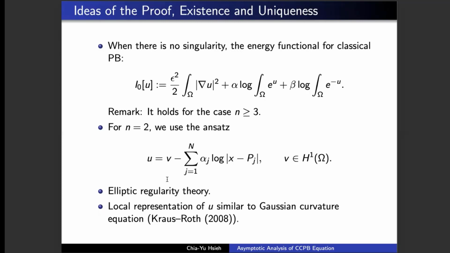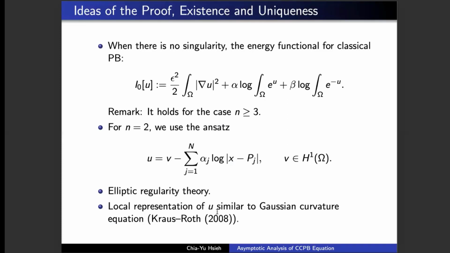And the local representation of U is similar to some studies of the Gaussian curvature equation by Chou and Wan. So I will not go through the details here, but I just want to mention that the local representation of U is indeed crucial to prove the uniqueness of the solution.